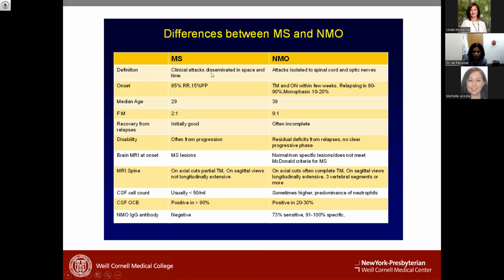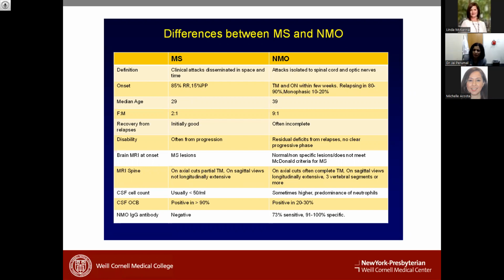Relapses are seen in both of them, but in MS, it can pretty much affect any part of the brain or spinal cord. With NMO, the clinical presentations are optic nerve involvement or spinal cord. Most patients with MS have relapsing-remitting disease. There is a small progressive cohort. You don't tend to have that in NMO.